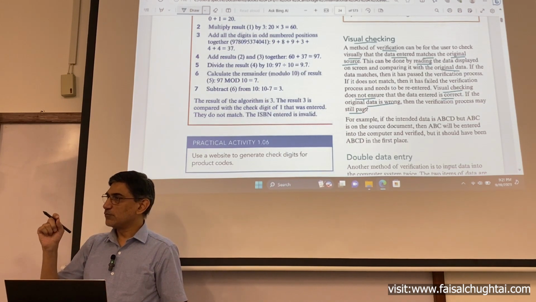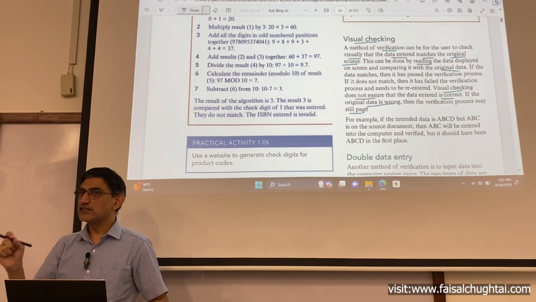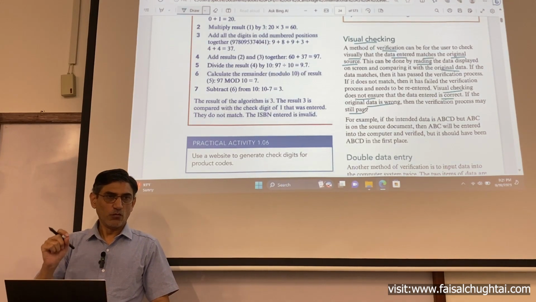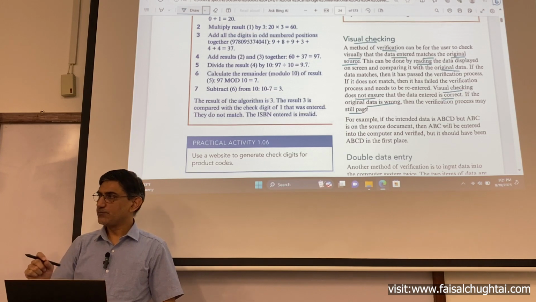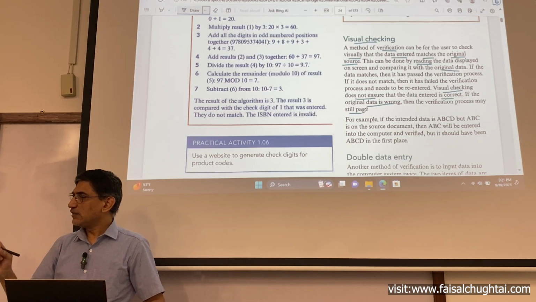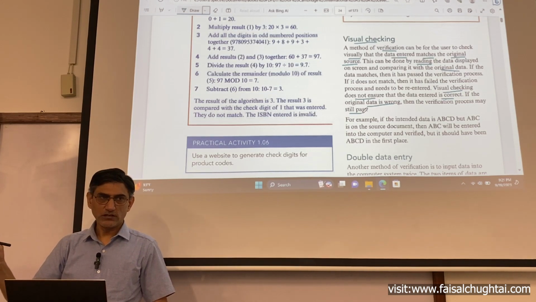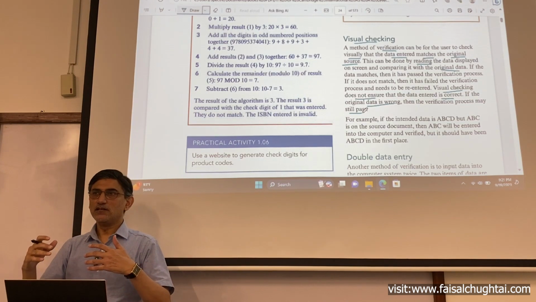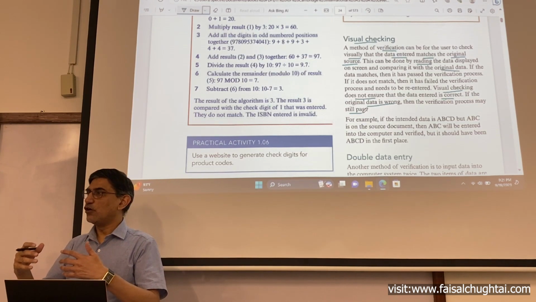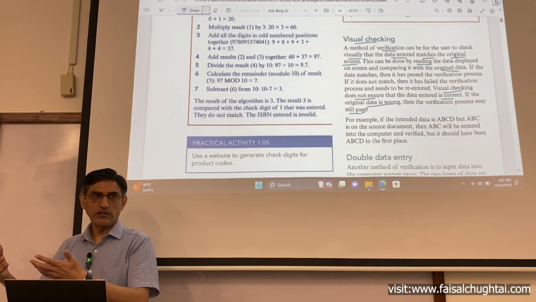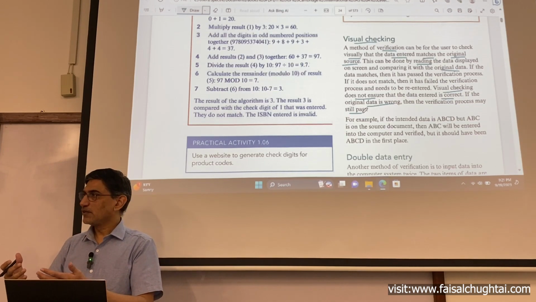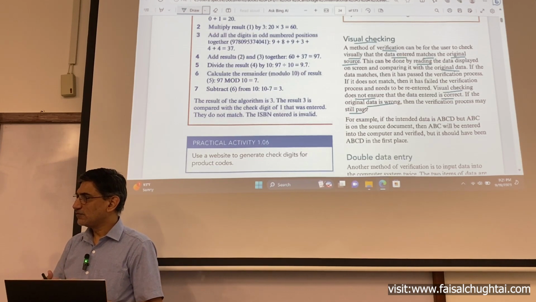You, as a person who is inputting the data, still need to be careful. Why do you need to be careful? Because sometimes the data that we enter into the computer might fit according to the validation rule, but the data itself is incorrect.